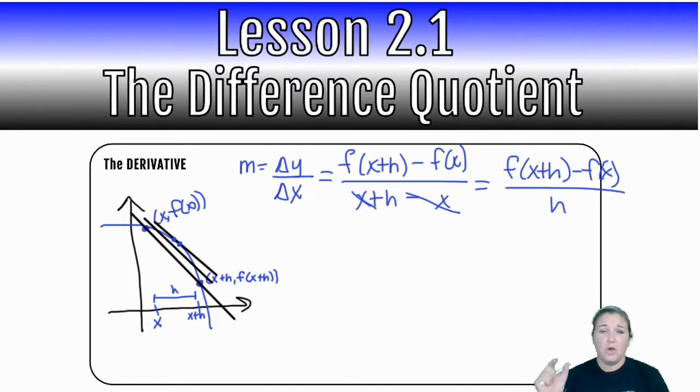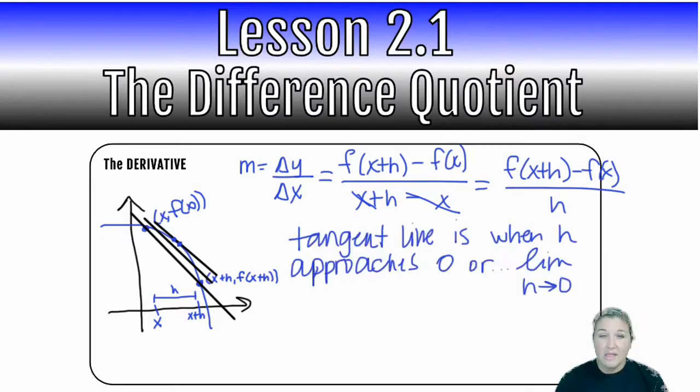We want to find out what happens when h gets really, really small and approaches 0. That's the limit as h approaches 0, which we just looked at.